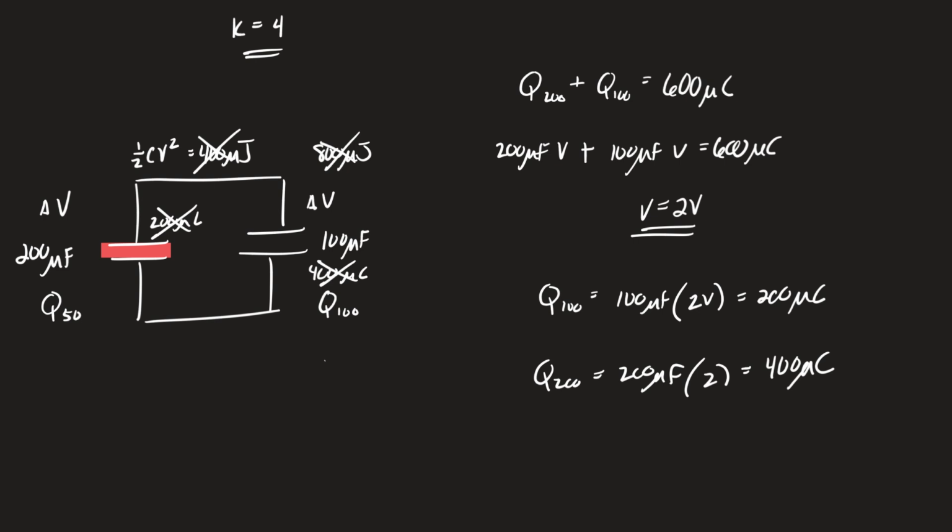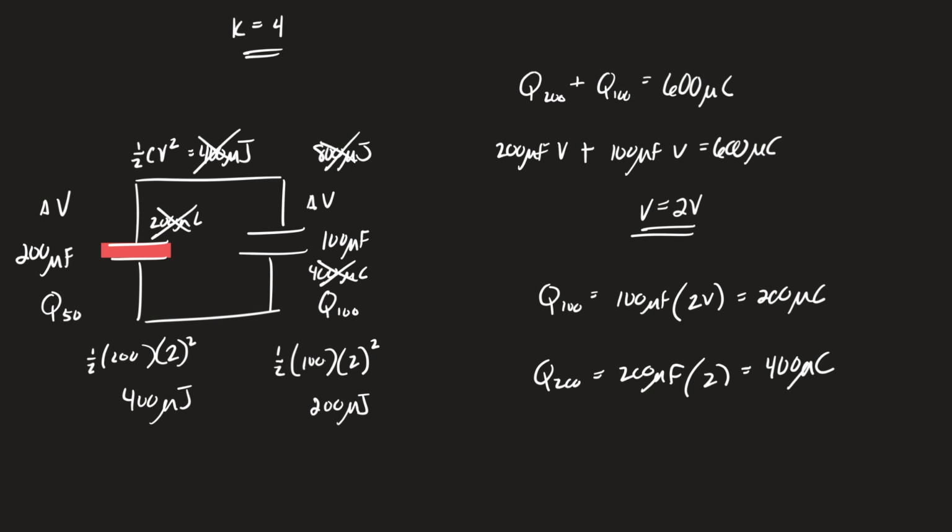Now for the energy, though. 1/2 CV squared. So 1/2 times 100 times 2 squared. That looks like 200 microjoules. This one, 1/2 times 200 times 2 squared, that looks like 400 microjoules.